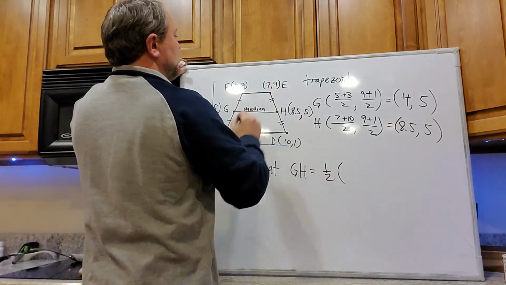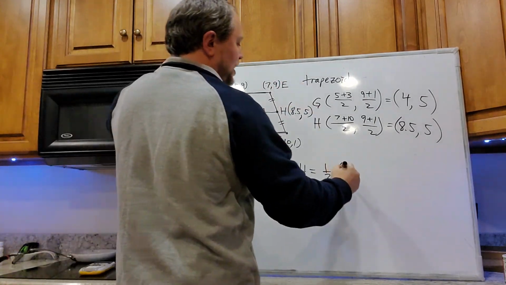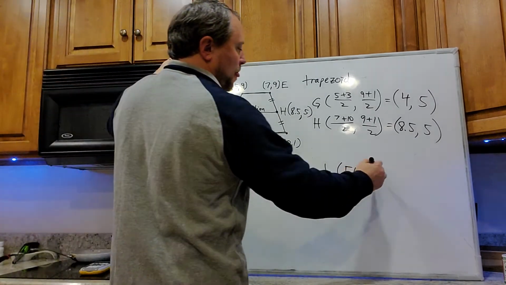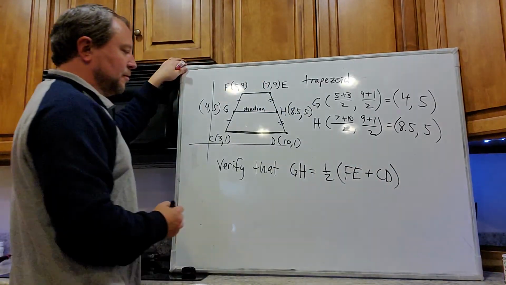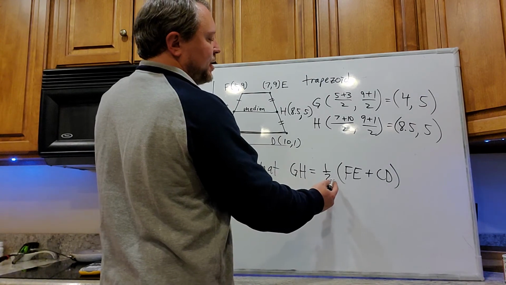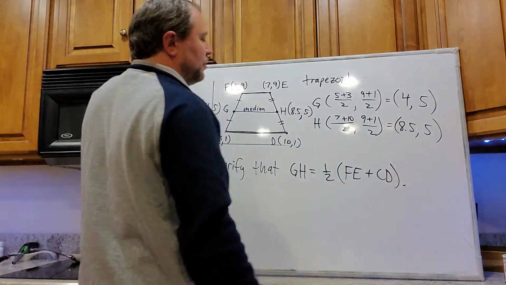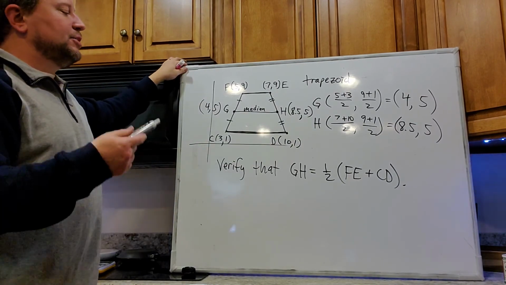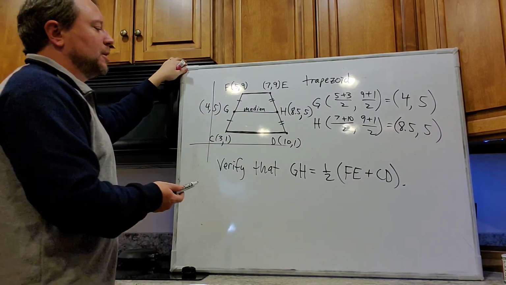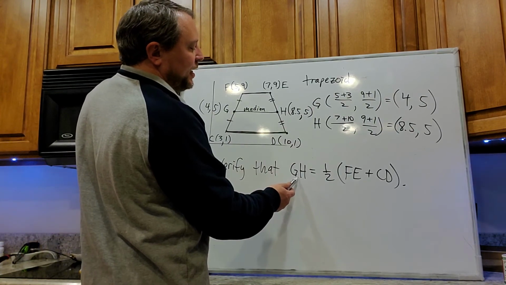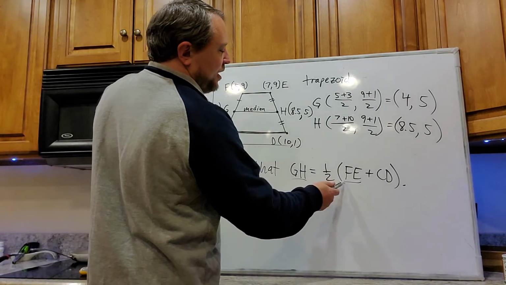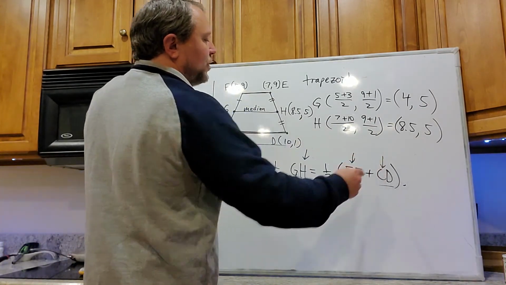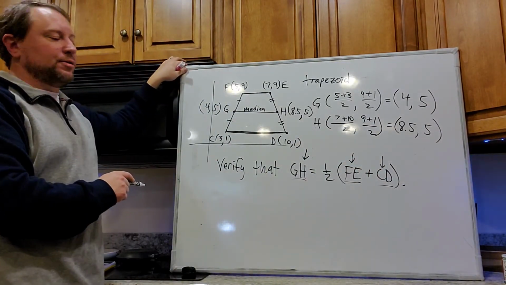That's supposed to be E by the way up there. Verify that GH is half of FE plus CD. Now verify is just a fancy way of saying check and see if this is true. So you're going to have to find each of these lengths. You have to find GH, FE, and CD, and we're going to have to plug each of those in here. And we're going to check and see if this equation works.